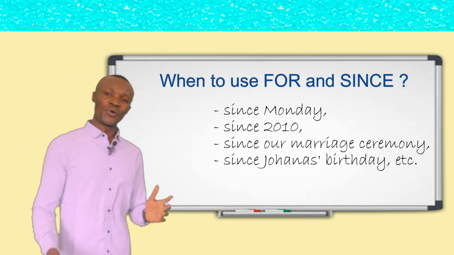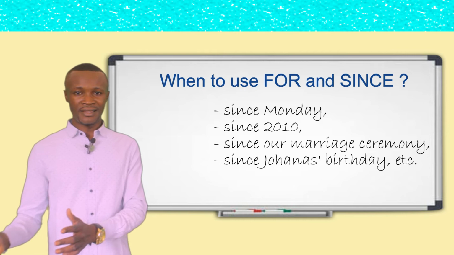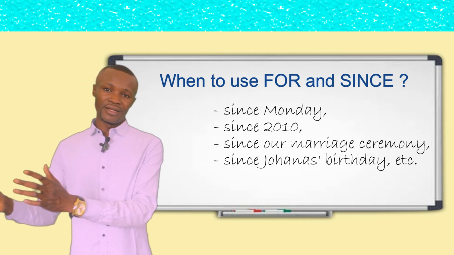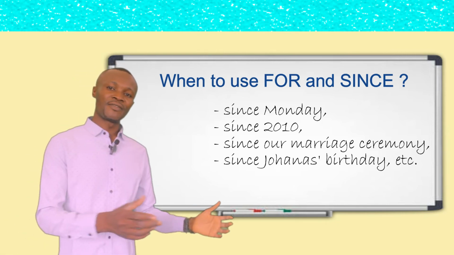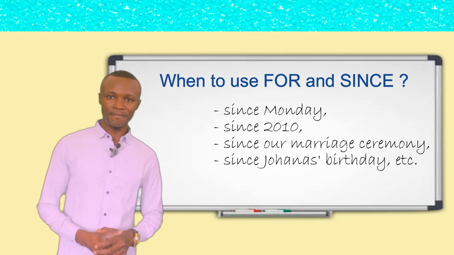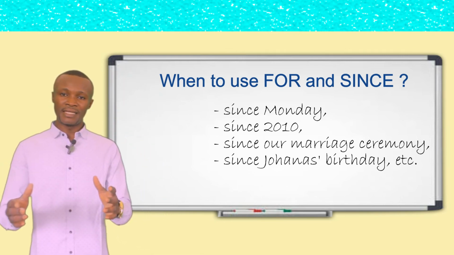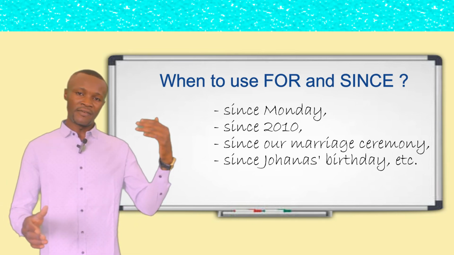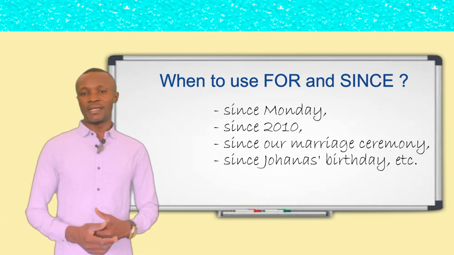You see? So for is for duration, since is for the beginning or the departure of an action. But for both cases, the action began in the past and continues at the time of speaking.